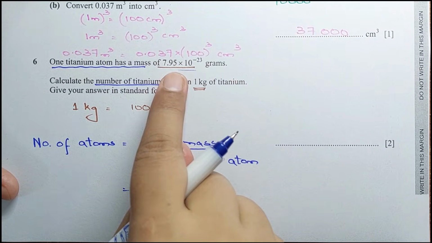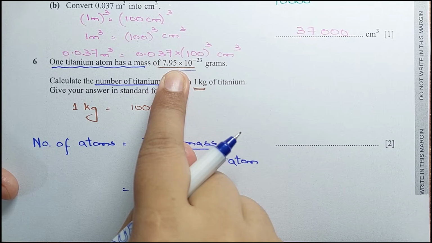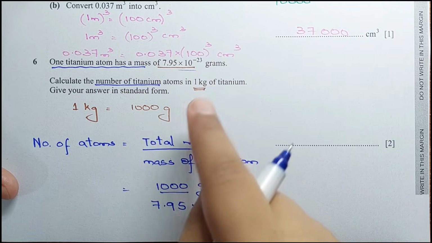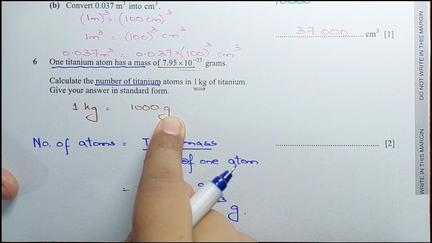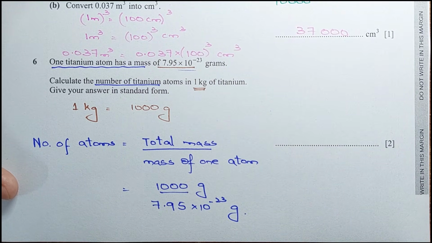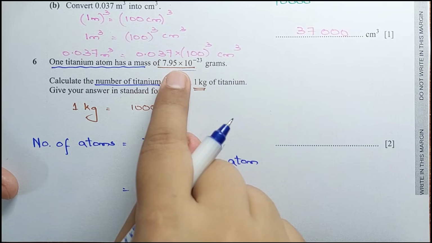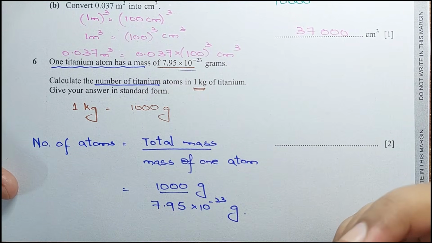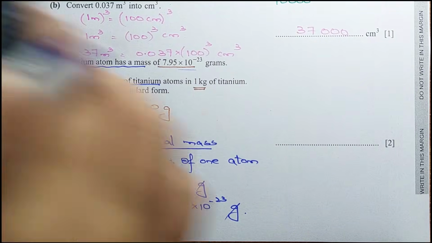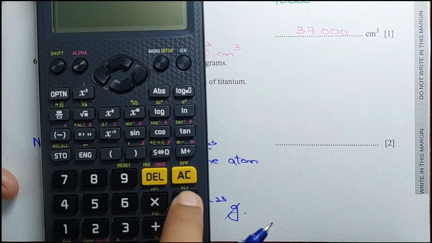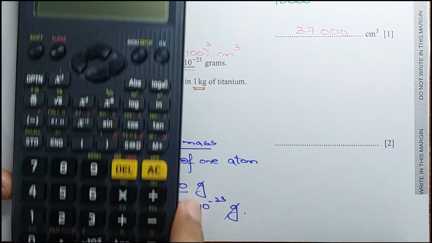This is the mass of one atom. We need to find the number of atoms that has a mass of 1 kilogram. So 1 kilogram has 1000 grams, and 1000 grams is going to divide with the mass of each atom to get the number of titanium atoms. Grams cancel out with grams. Let me simplify. So 1000 divided by 7.95.